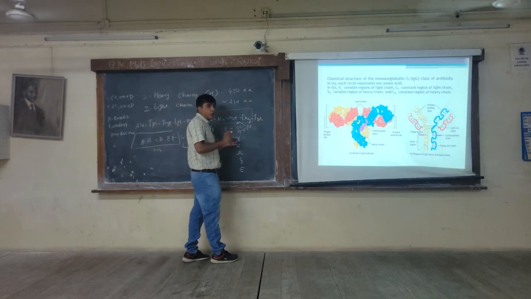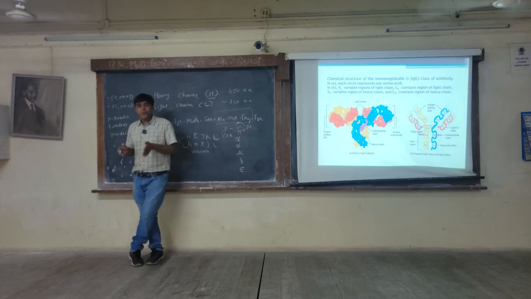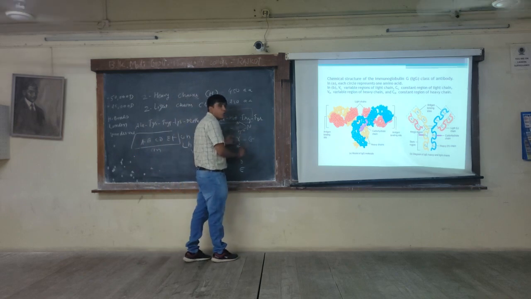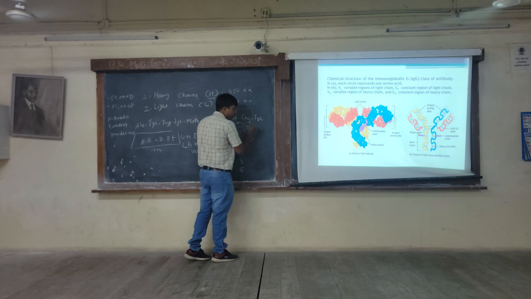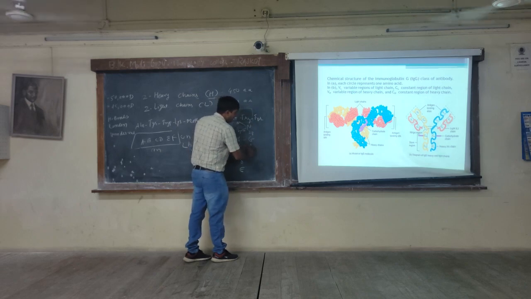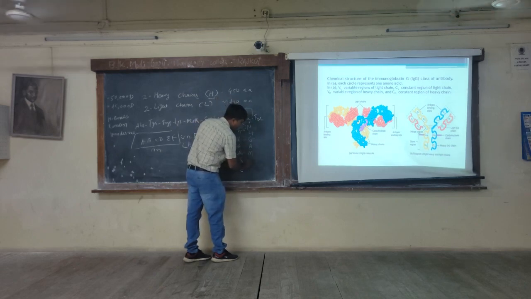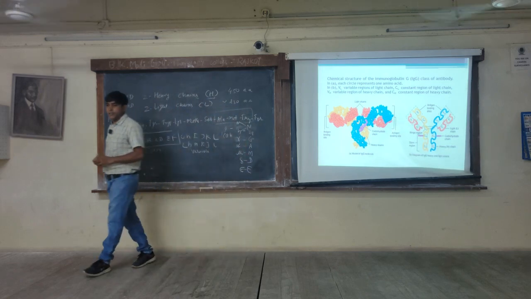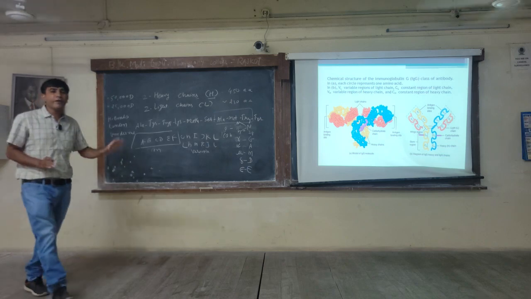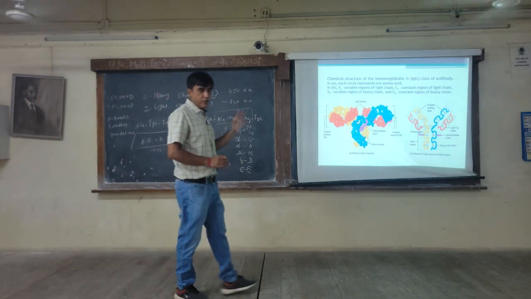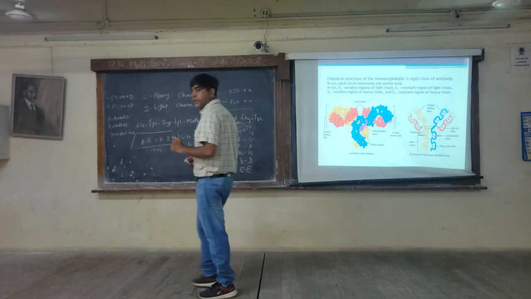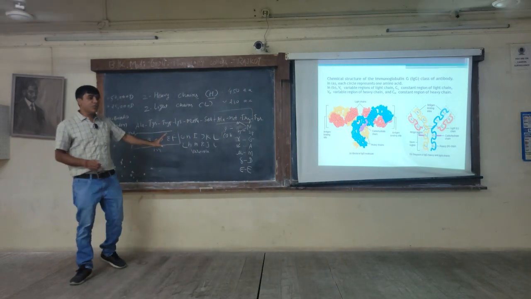If the immunoglobulin has a heavy chain with the constant portion of gamma, then this is called IgG, immunoglobulin G. If alpha, IgA; if mu, IgM; if delta, IgD; and epsilon for IgE. A simple trick to remember is GAMDE. There are 5 types of antibody, that is immunoglobulin molecules, GAMDE, and they have 5 different heavy chains.